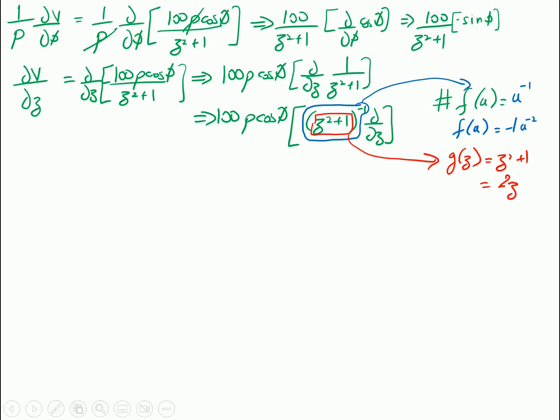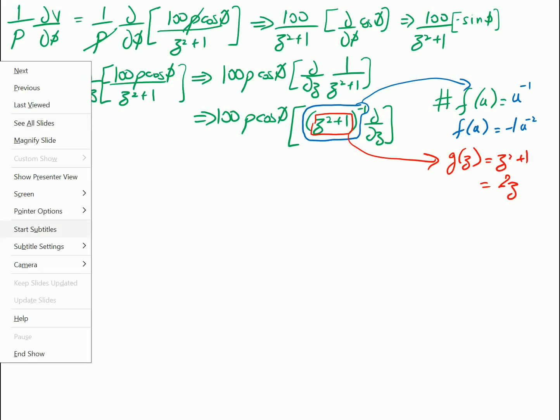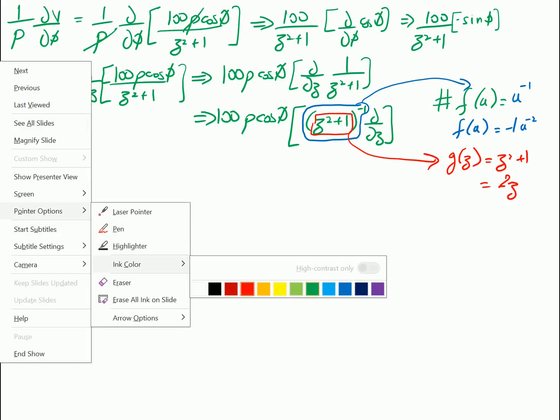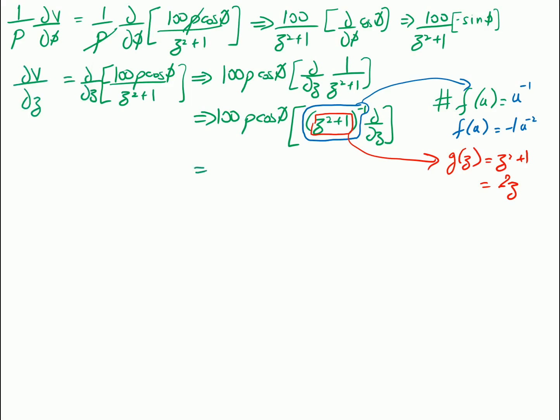So this is the answer I am getting, which means when I incorporate both of these elements into my solution, my solution comes out to be 100 rho cos of phi, and then I'll get the answer of minus (z square plus 1) to the power minus 2, just incorporate everything, multiplied with 2z. So this is the partial derivative along z.